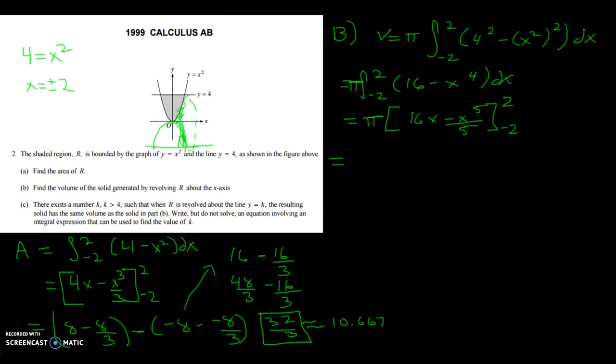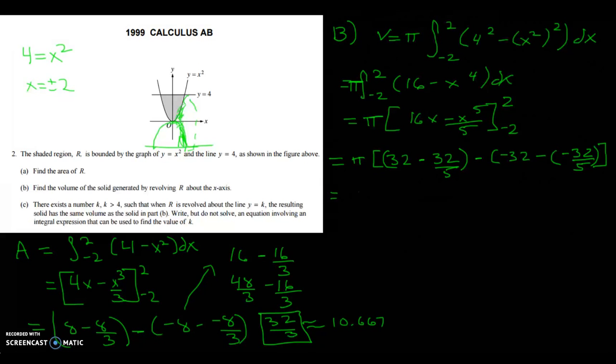Plug in 2, and now you're going to get pi times (32 minus 32 over 5), minus negative 32 minus negative 32 fifths. So it's the same thing again because of that negative and that minus.